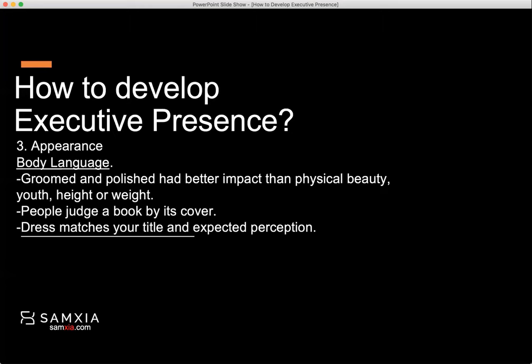Back in the 70s, the hippie culture and rebellion culture meant almost nobody seriously wore the traditional Fortune 500 or Wall Street dress code. But still, you want to match your title with the expected perception. Otherwise, we'll be in our own box, trapped, and we don't even know what's going on. So that's the end of the presentation.